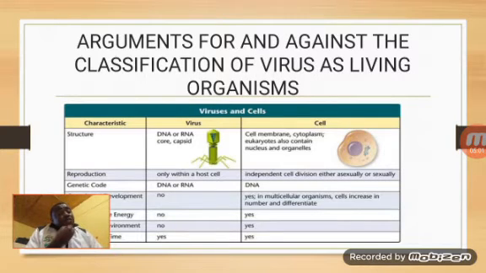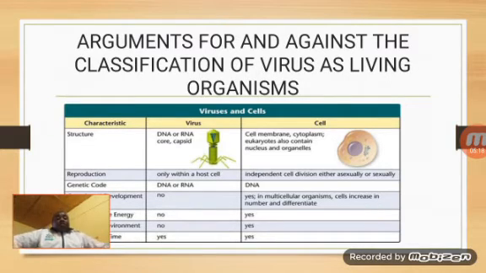So let's start with the arguments used by some of the scientists to classify viruses as living organisms. There are arguments concerning the classification of viruses as either living or non-living.